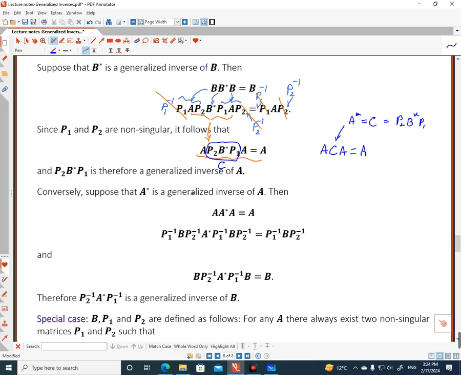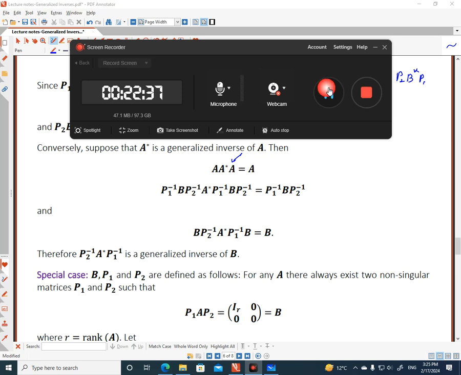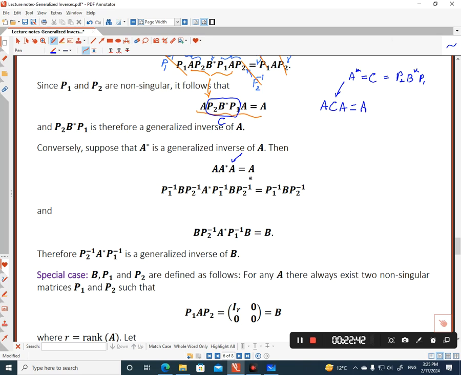Now we want to see what happens about B. So we start with the generalized inverse of A, and we have this equality once again. Now I substitute A star from the definition. From this equation, we can come back and substitute the relation between A and B here.